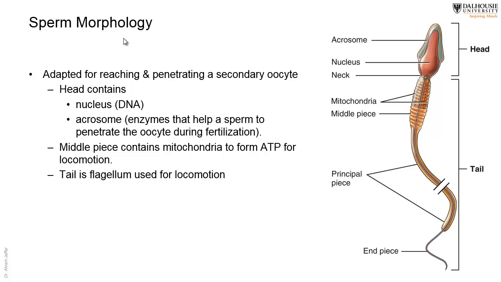Remember we mentioned the difference between flagellum and the cilia. The cilia usually are multiple, and they cause movement of mucus covering them, like in the respiratory tract, but the flagellum is usually a single one, and it causes the movement of the cell itself. So this is a flagellum, and it requires energy. So this energy is provided by the multiple mitochondria that are present in the middle piece of the sperm.